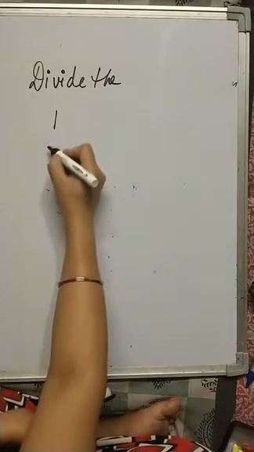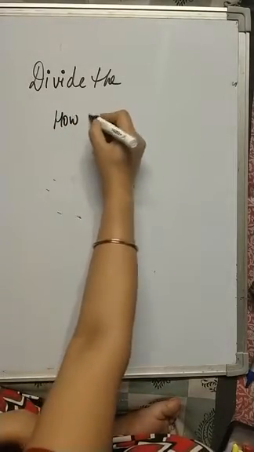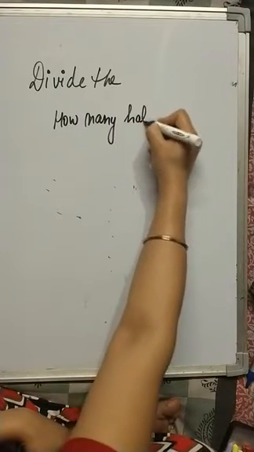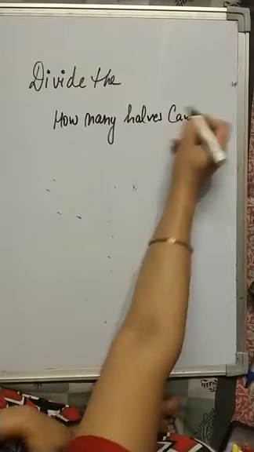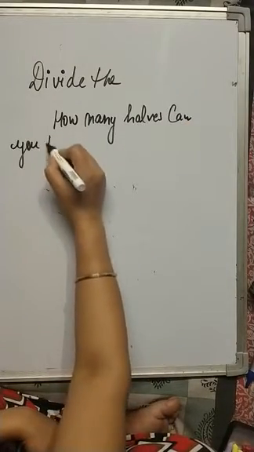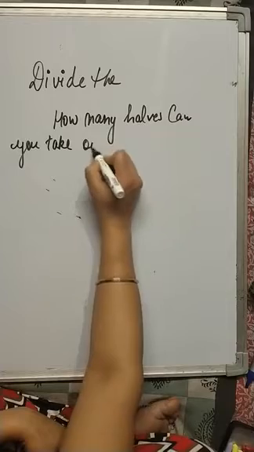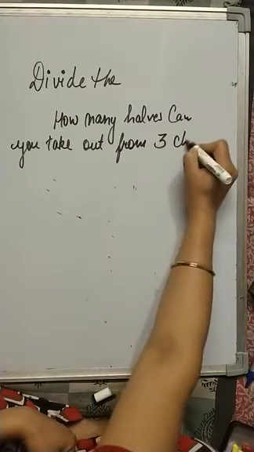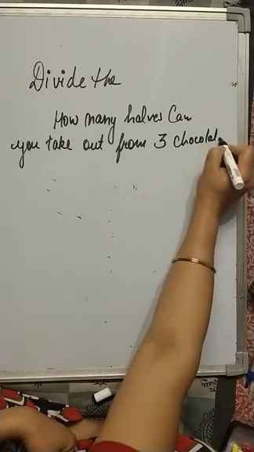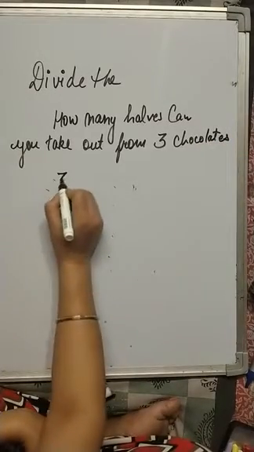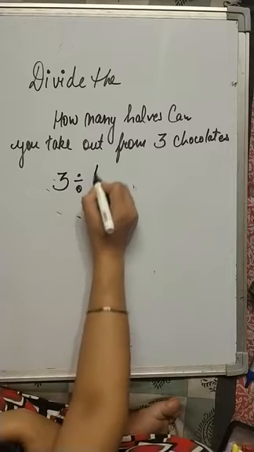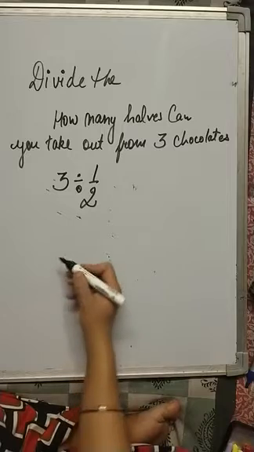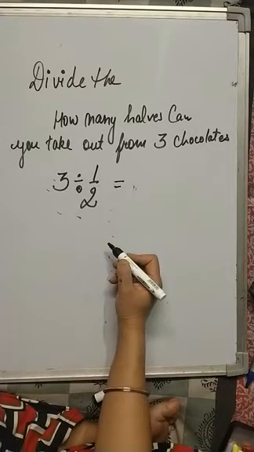Now, just the way of reading, how many halves can you take out from 3 chocolates? So from 3 chocolates, how many halves can you take out? What do you think? How many halves can we take out?